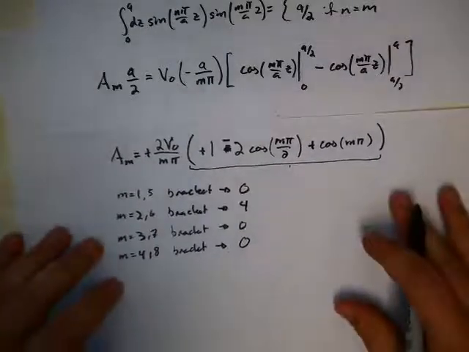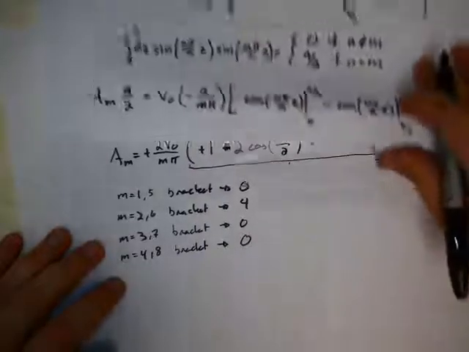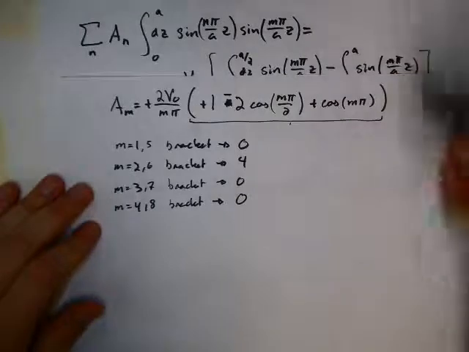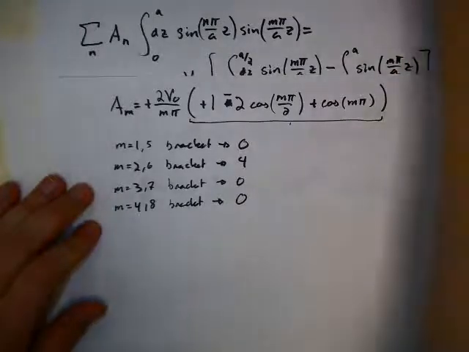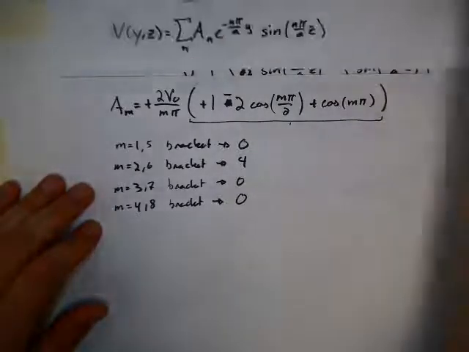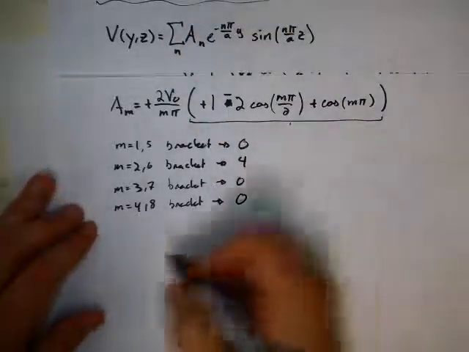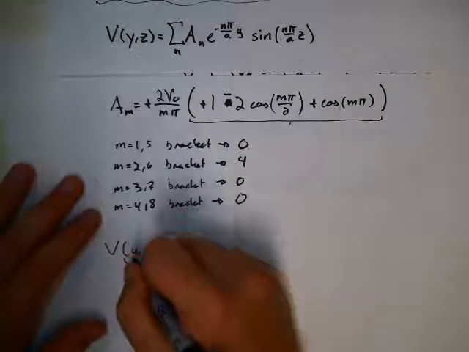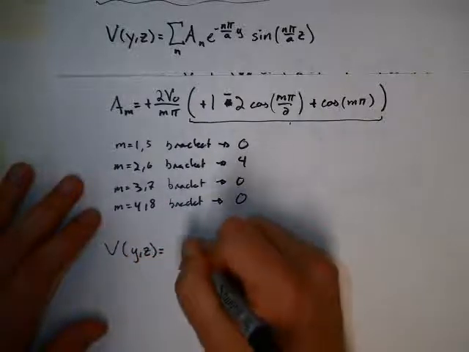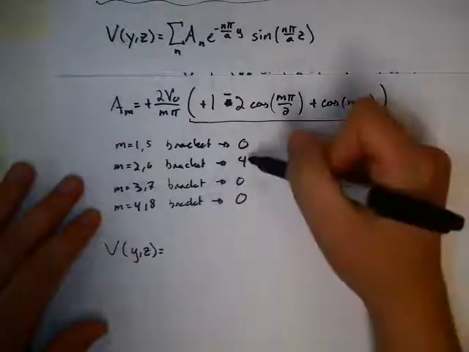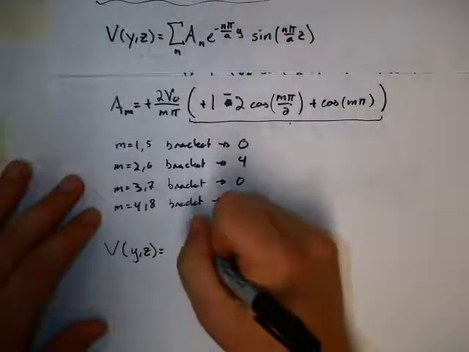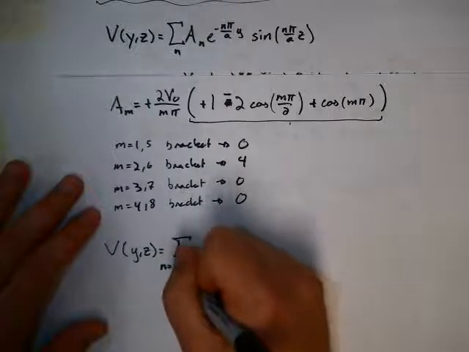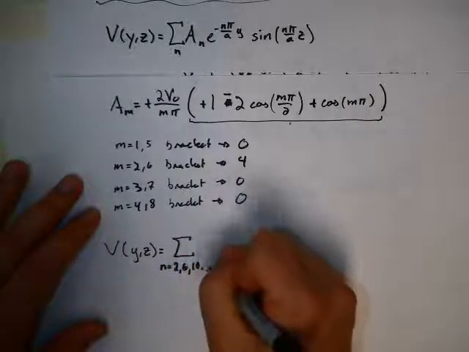Okay, so, combining everything together, going back to my expression for what V is, here we go. V of y, z is equal to, so I'm going to combine this 4 to that 2 and make 8. So I'm going to have a sum, and my n is only going to go 2, 6, 10, dot, dot, dot.